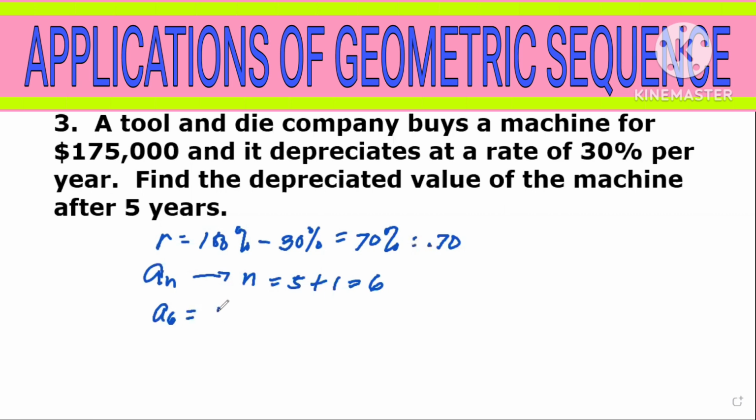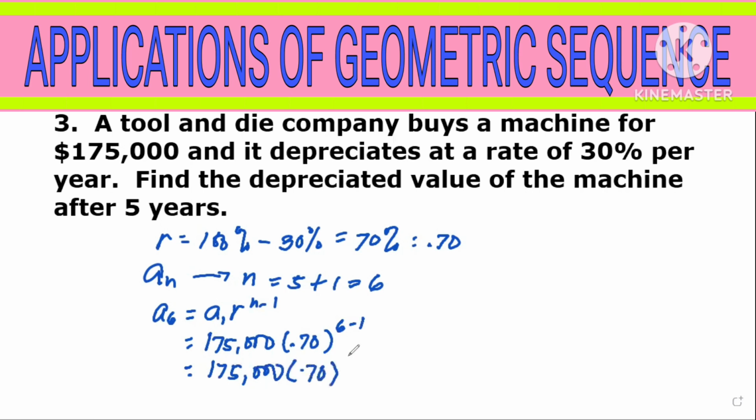And a sub 6 is equal to a sub 1 r to the n minus 1. But a sub 1 is equal to 175,000, and r is equal to 0.70 raised to 6 minus 1. So that is equal to 175,000 times 0.70 raised to 5.